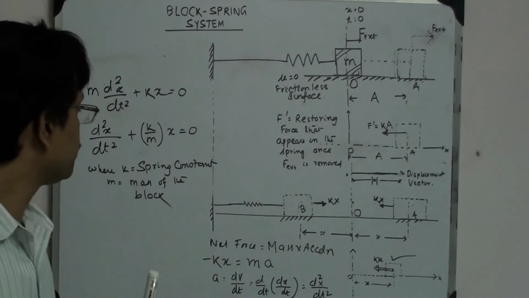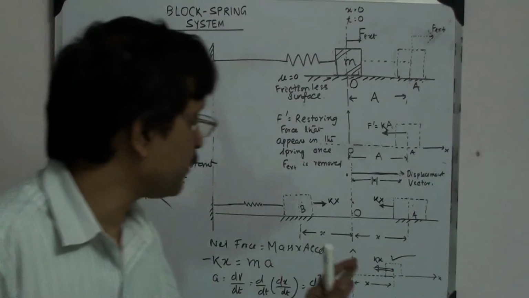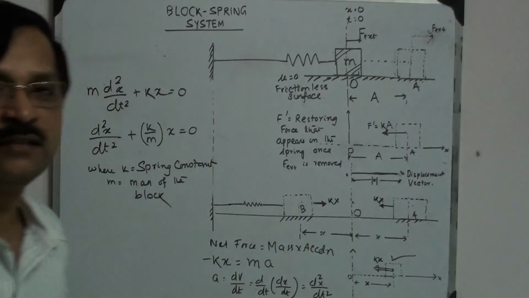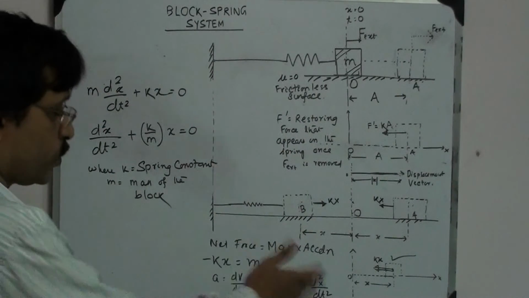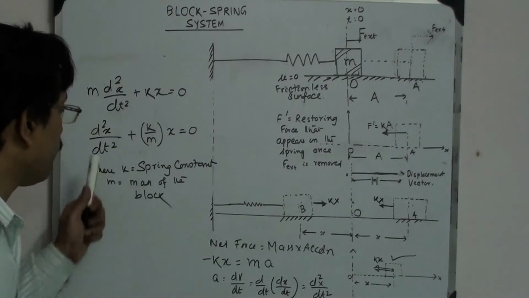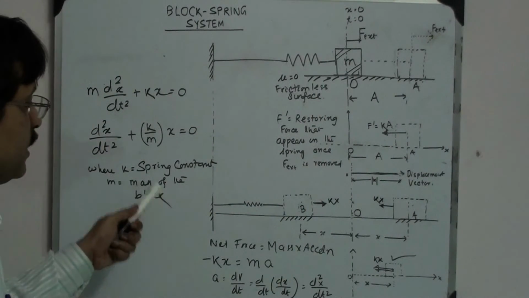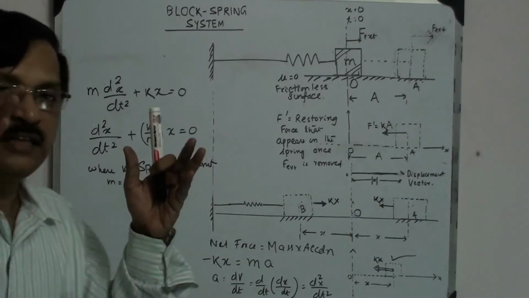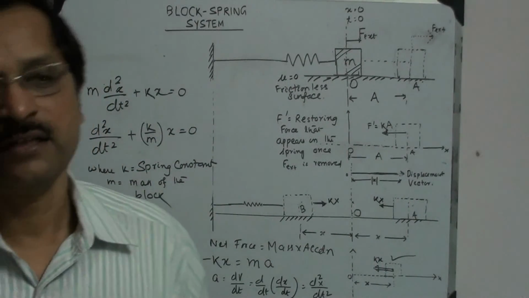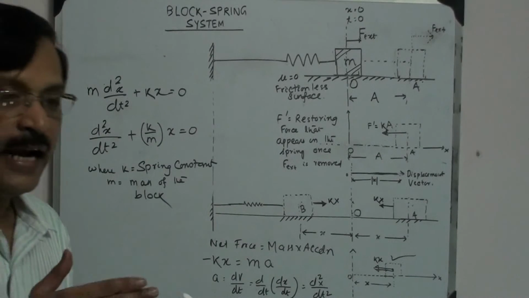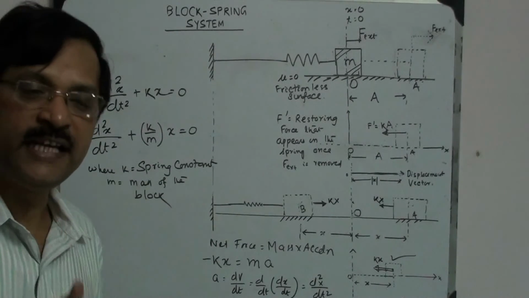Now the question is, what will be the displacement of the body at a time t? That is the question, and we will find the answer. What is the description of motion? That is the displacement, the acceleration and the velocity at time t.